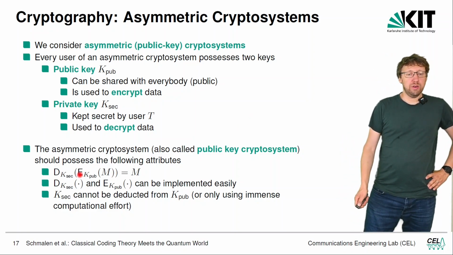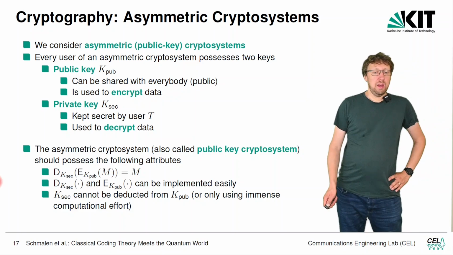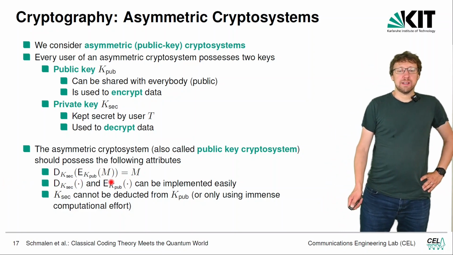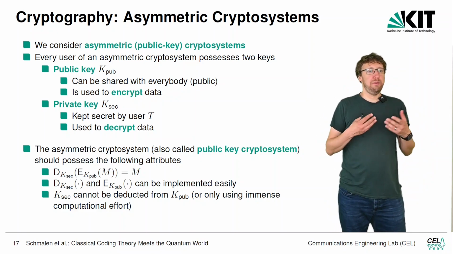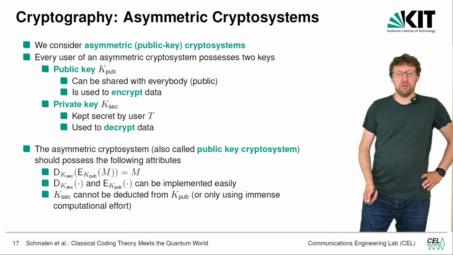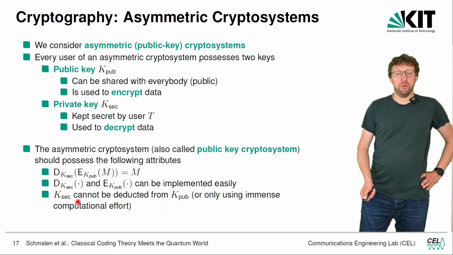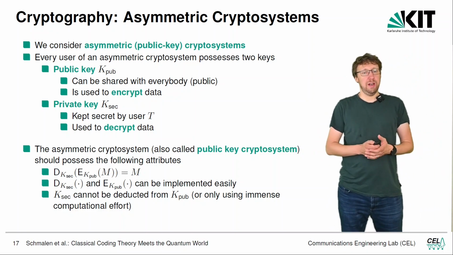If you encode the message with the public key and you decrypt it with the secret key, you recover the original message M. The encryption and decryption functions should be easy to implement. And most importantly, you should not be able to find the secret key from the public key, or only with an immense computational effort.